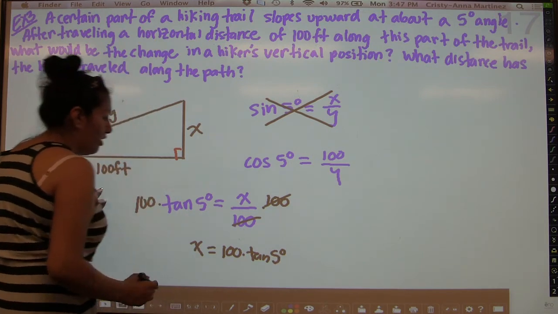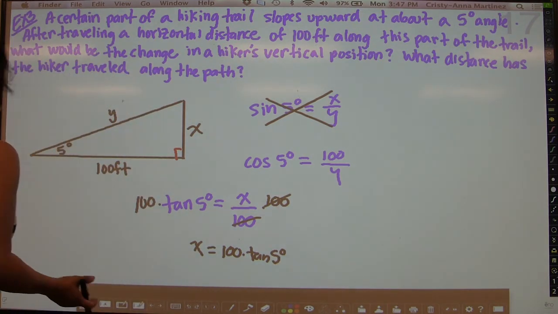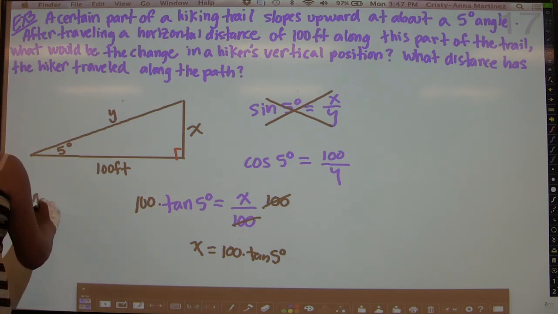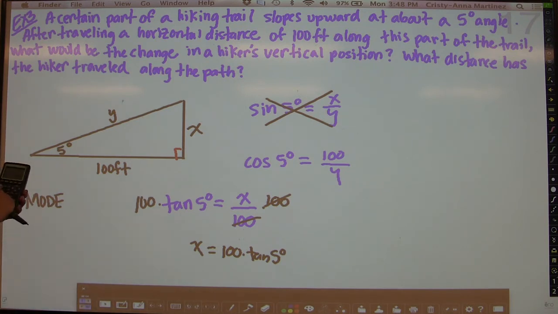degrees. Well, we don't know what the tangent of 5 degrees is, and that's what you're going to need your calculator for. I'll tell you right now that when you do this on the calculator, it's very important that the mode of your calculator is in degree mode. There is a mode button on your calculator right next to the second button, and when you look at that screen, you'll have normal, science, engineering across the top, but the third line says radian, and then right next to it, degree.